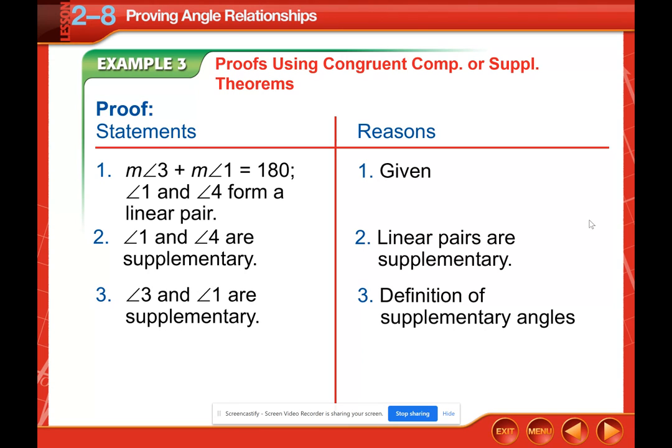Okay, angle 3 and angle 1 are supplementary because of the definition of supplementary angles. And therefore, angle 3 is congruent to angle 4. The angles are supplementary to the same angle.